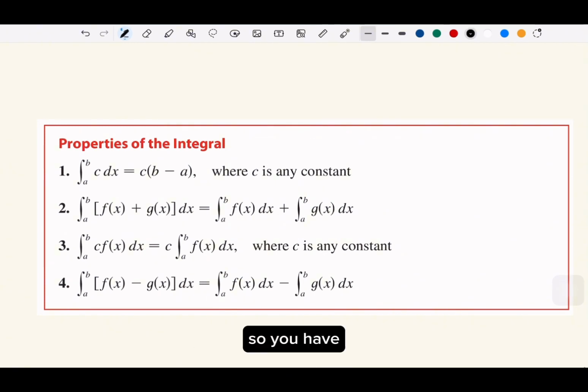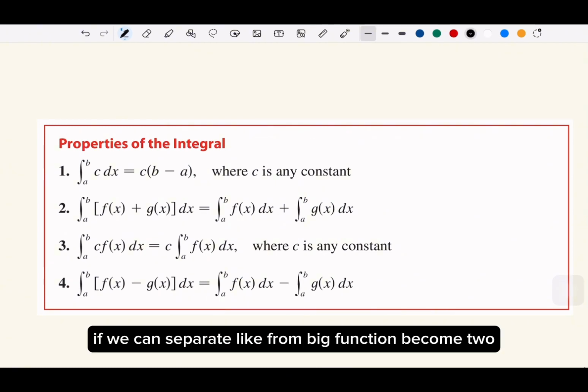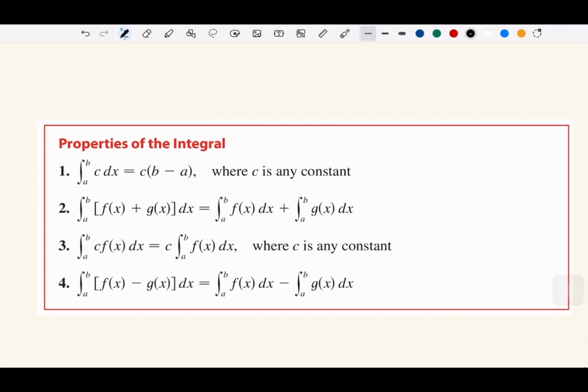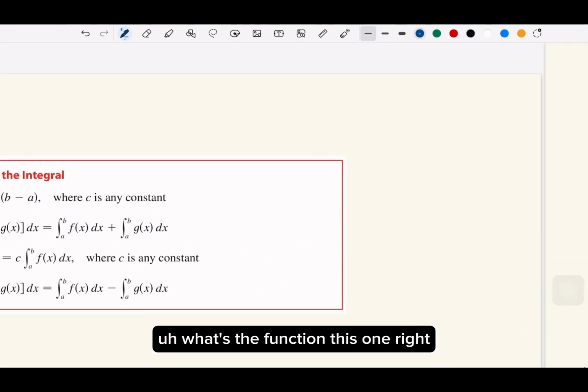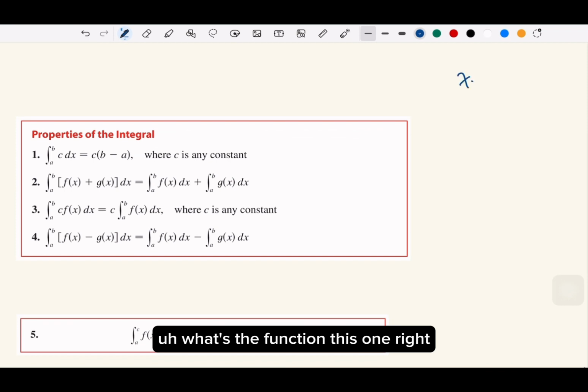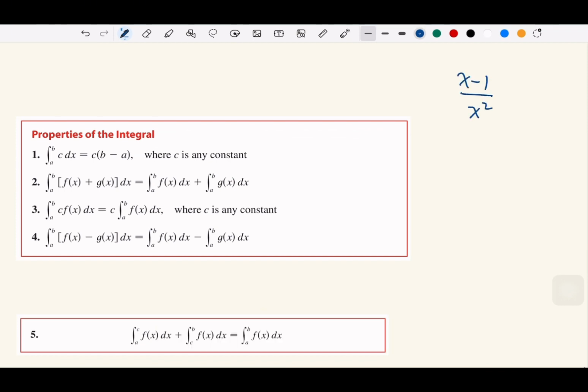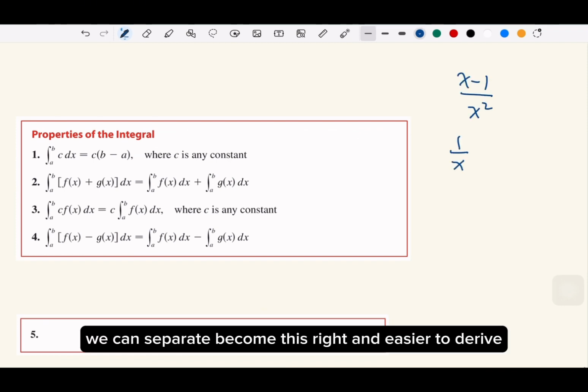Okay. And the rest of it, I believe, is quite intuitive. If we can separate a big function into two, like a big fraction becoming two, it's easier to derive.